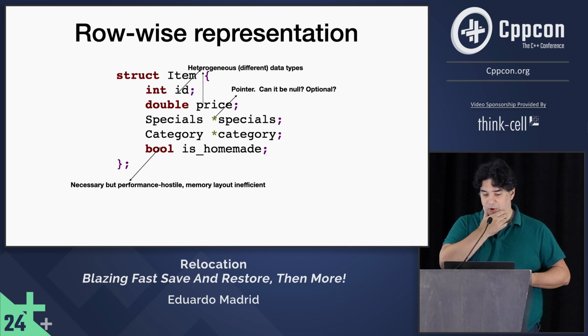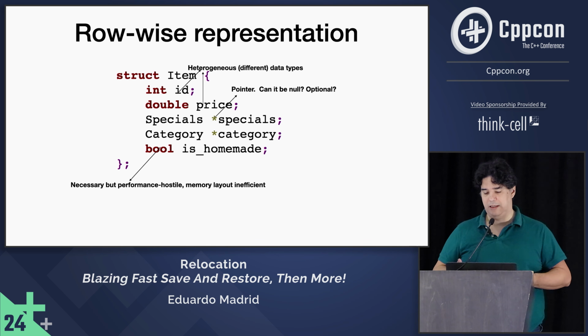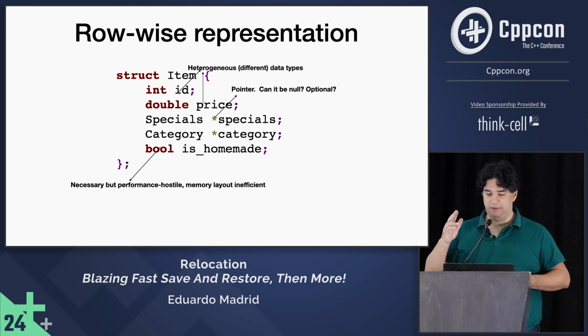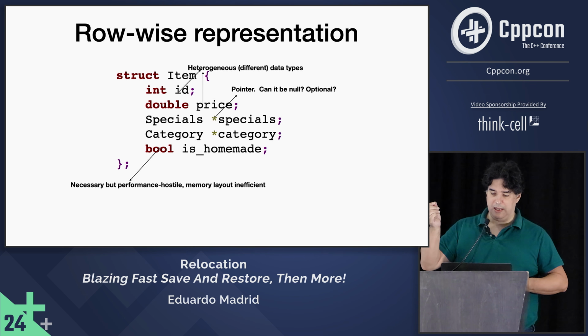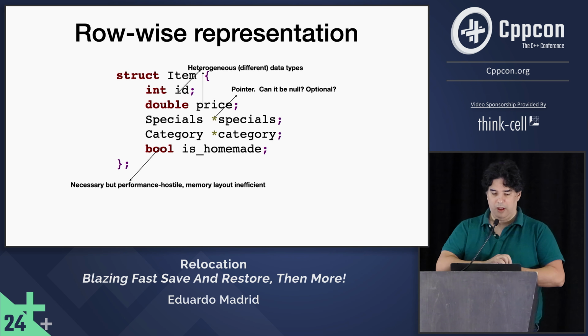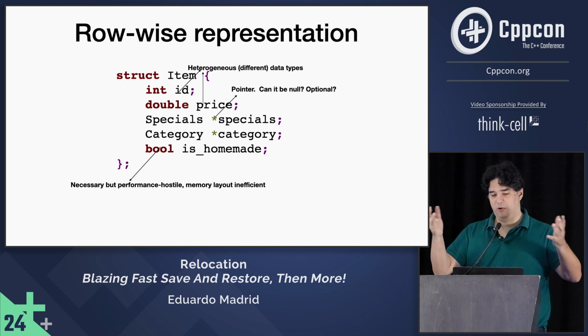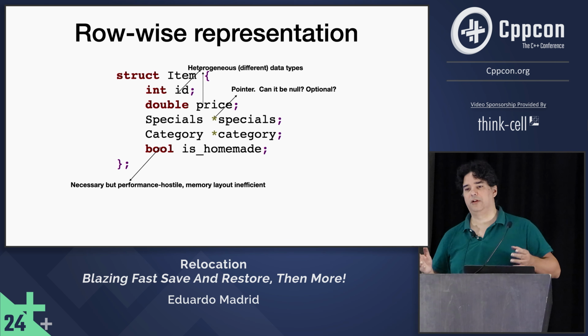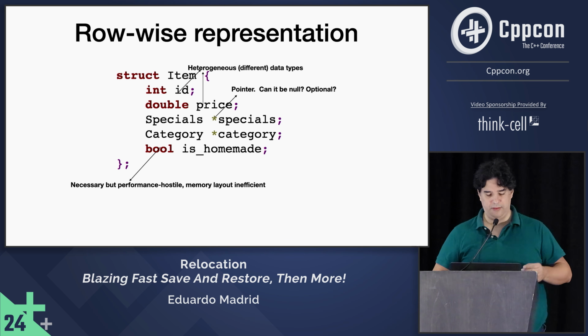Then there is a pointer to a category, and let's say that this is not a pointer that can be null. This is a pointer that will point to the category of the item, and there are only very few categories in the system. And this thing will share the category among many other things, but it will not concern itself with ownership of the category.